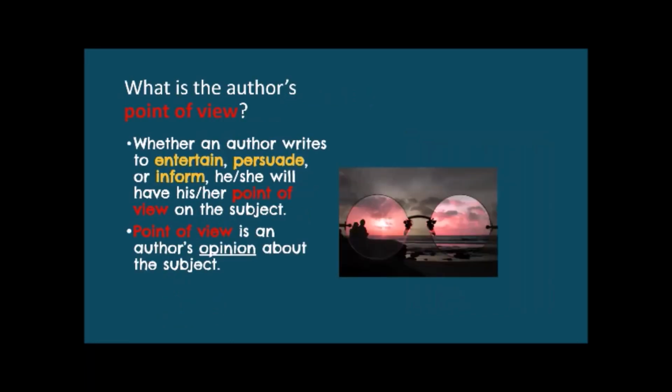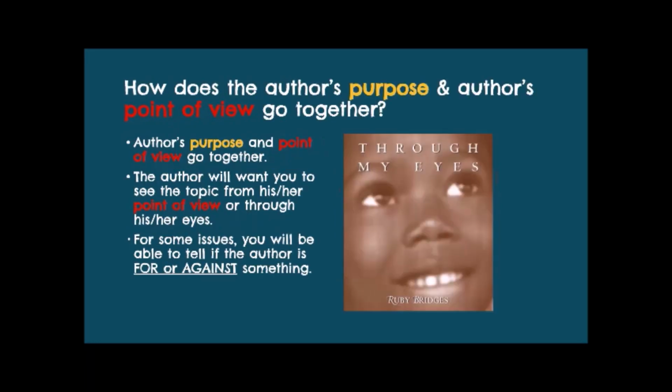We know now what a purpose is, but what exactly is a point of view? So whether an author wants to write to entertain, persuade, or inform, he or she is definitely going to have a point of view on the subject that they're talking about. And a point of view is basically what the author's opinion is about a particular subject. So how does the author's purpose and author's point of view go together?